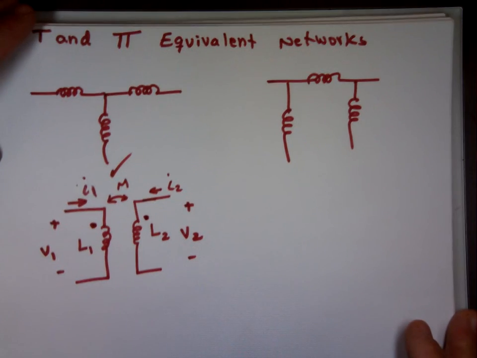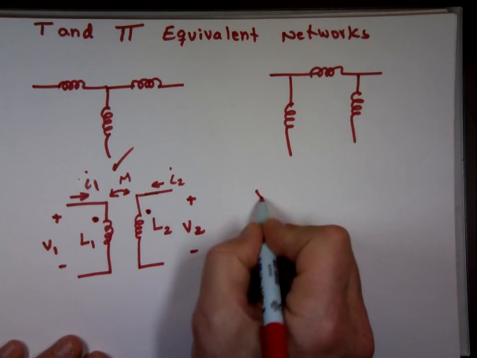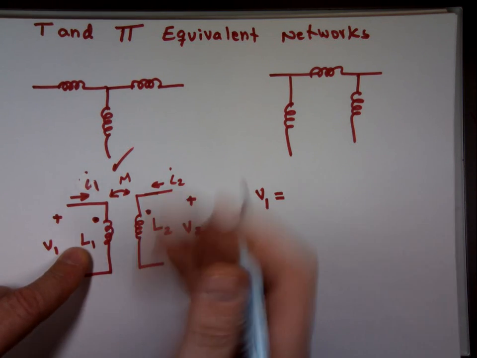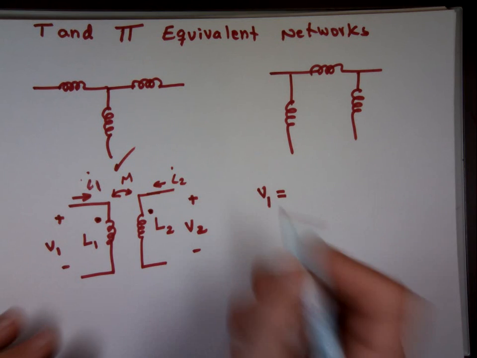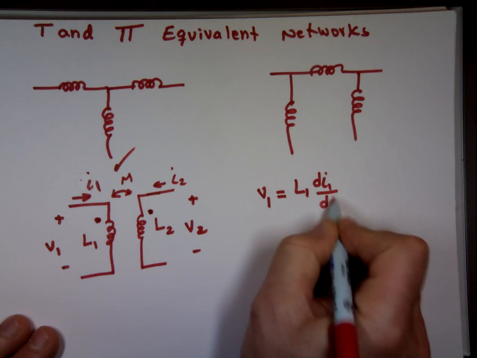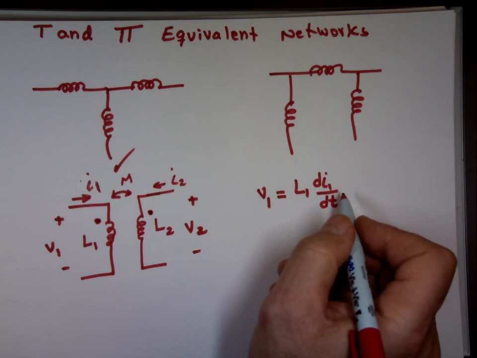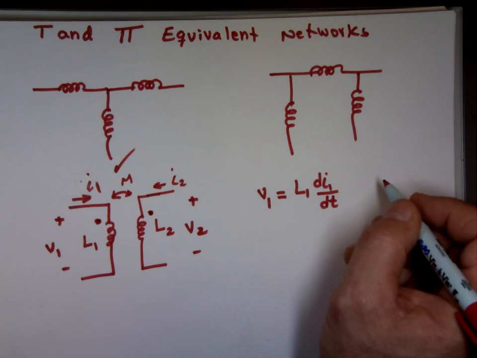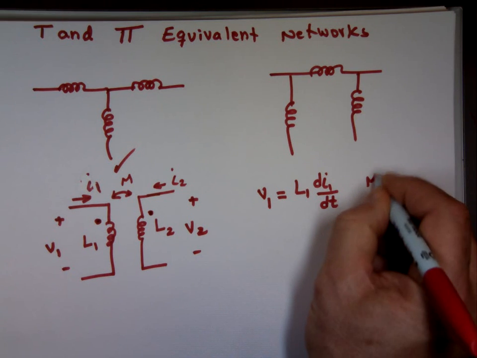If I look at V1, in the time domain, V1 is L1 di1/dt. What about the mutual inductance? The mutual term is going to be M di2/dt.